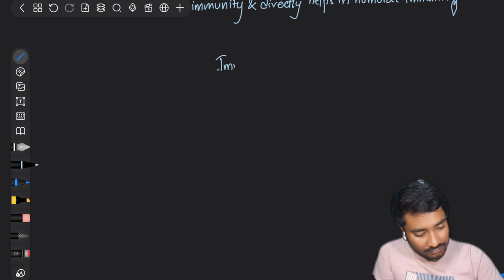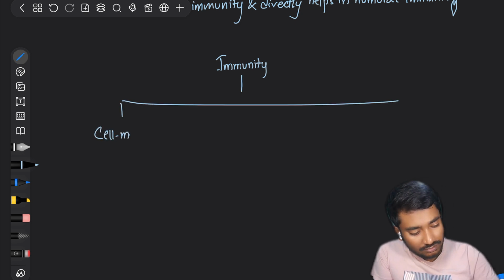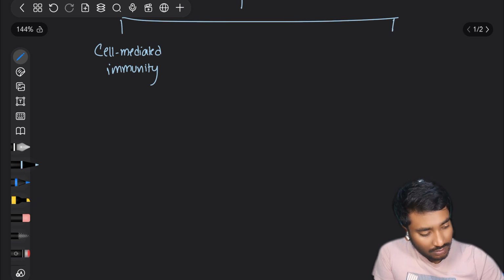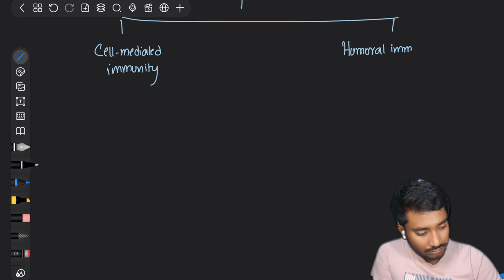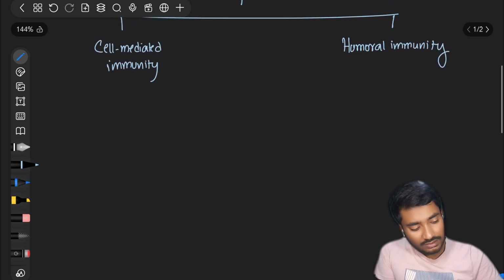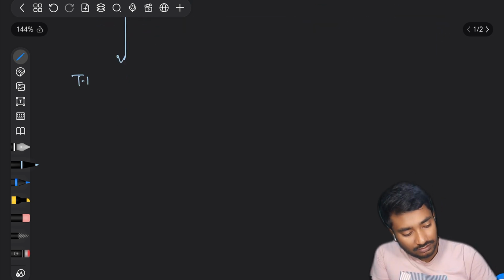In the case of cell mediated immunity, T lymphocytes are a part of it.